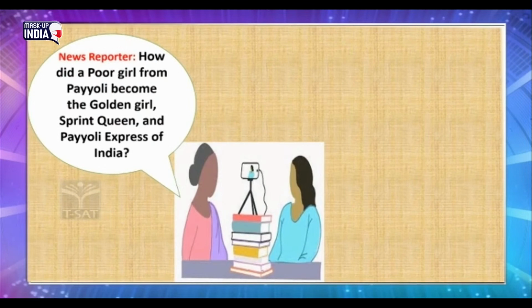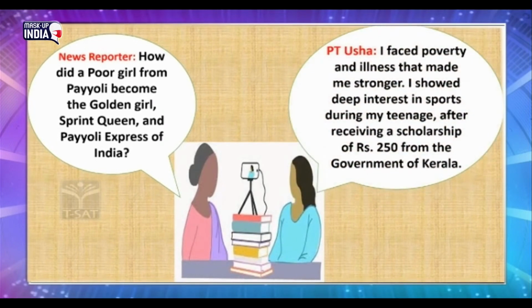How did a poor girl from Payoli become the Golden Girl, Sprint Queen, and Payoli Express of India? I faced poverty and illness that made me stronger. I showed deep interest in sports during my teenage after receiving a scholarship of rupees 250 from the government of Kerala.